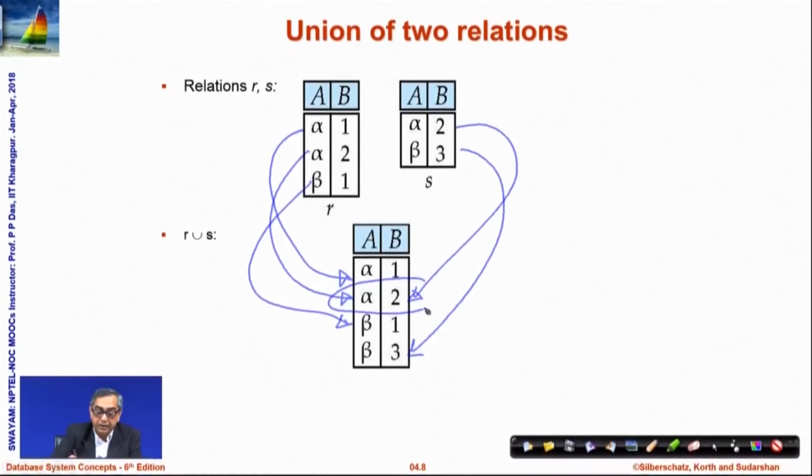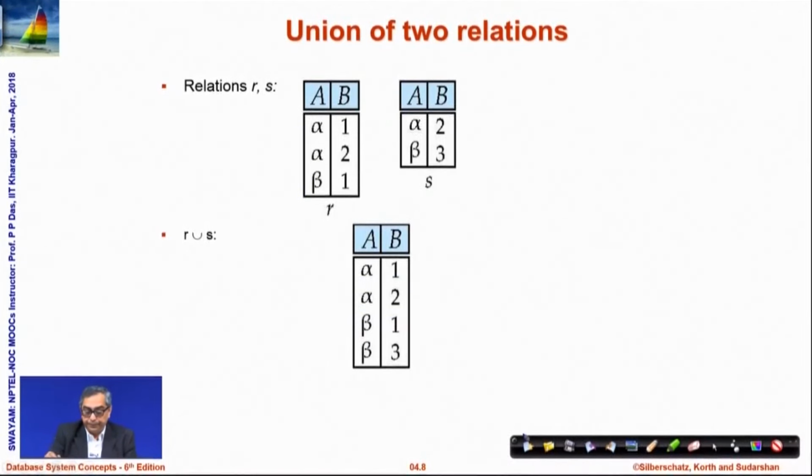You can see that the record alpha 2 exists in both the relations, and by the set theoretic notion of uniqueness, in the union they have to be uniquified. So, one of them will be removed. It does not matter because they are identical anyway. So, for relations having the same set of attributes, we can simply make a union of all their records.